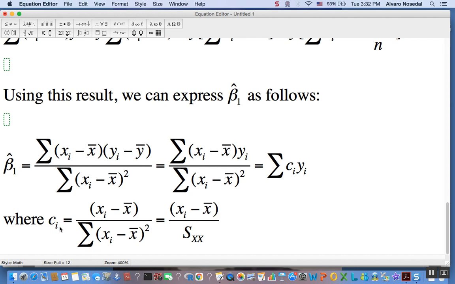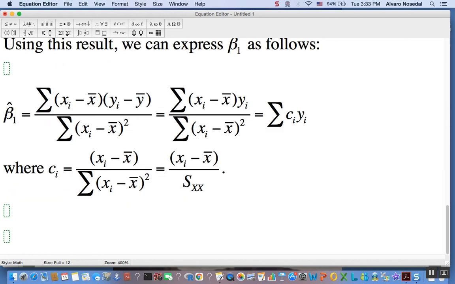Those three properties will be very useful to easily find the mean of beta 1 hat and the variance of beta 1 hat. So a little bit of a detour, but it's going to be a good idea in the end. It's going to save us time, and it's going to make the derivations so much easier to understand.